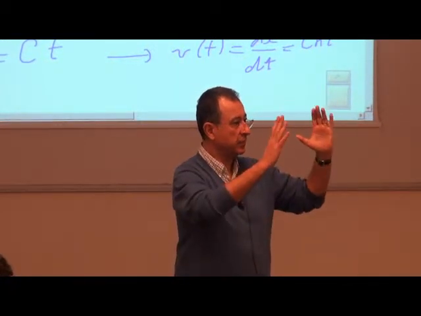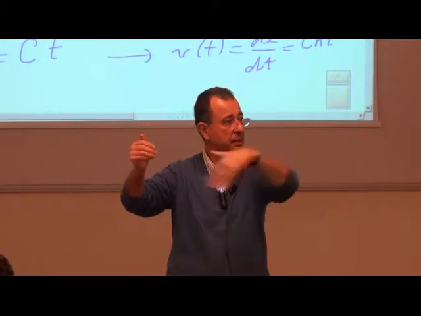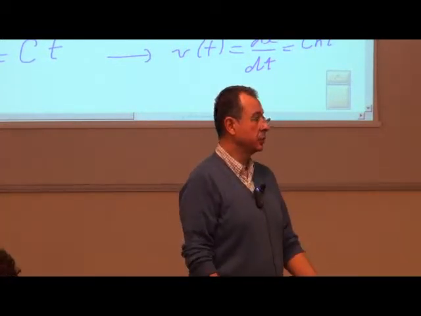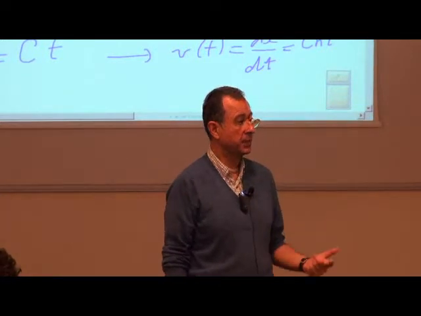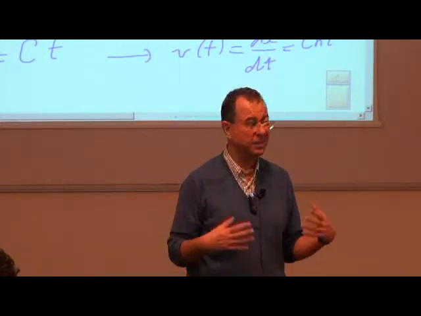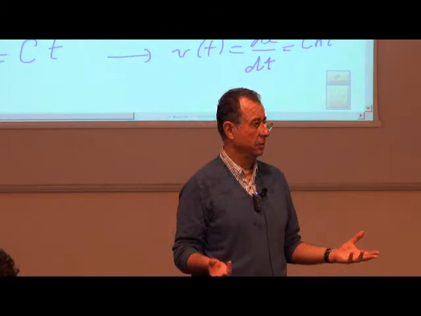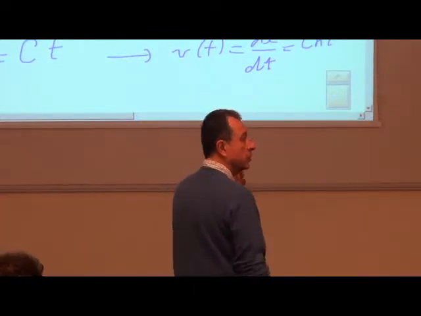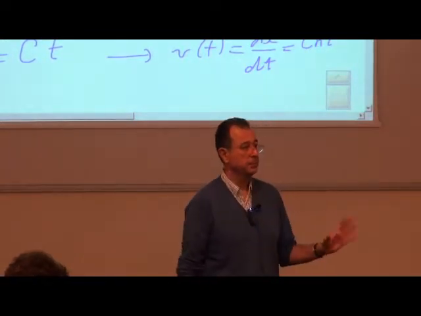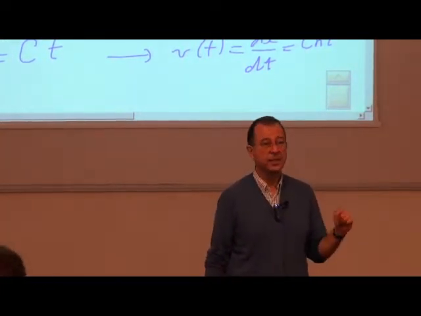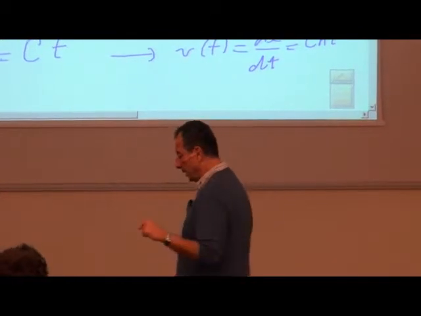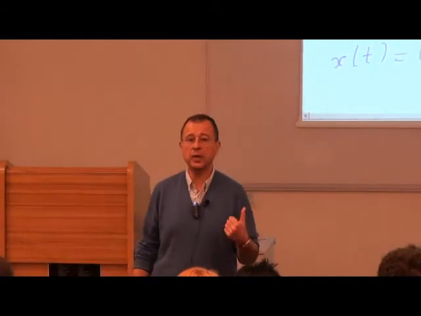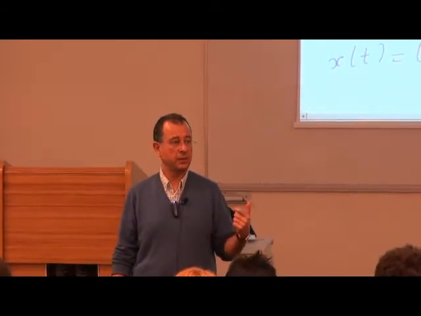Evaluate the function at t plus delta t, evaluate it at t, subtract, divide by delta t, and then make delta t go to 0. This is how it is done. For complicated functions, it can be pretty difficult to do. But this is how it is done in principle, and somebody has done it, and it's in tables or books or on computer programs, and then you use it. Okay. In this class, while we are using physics, we will learn how to take the derivative of powers like this.